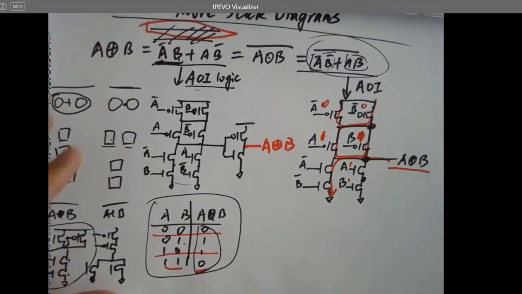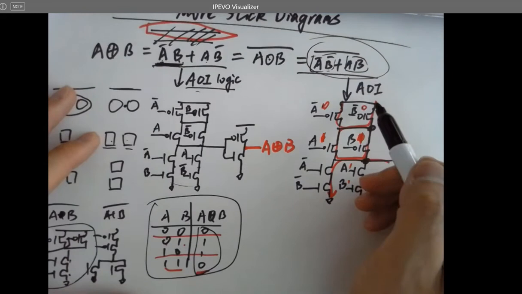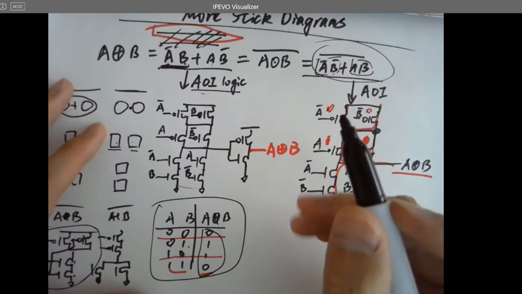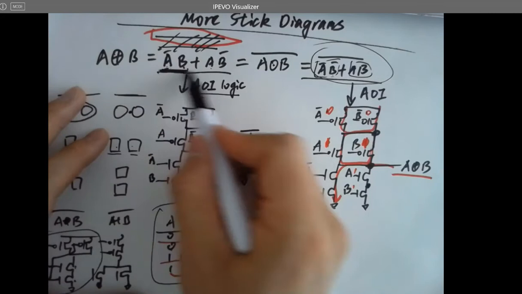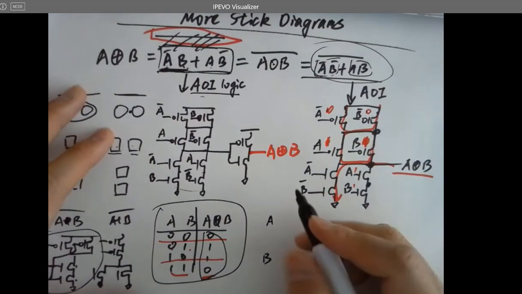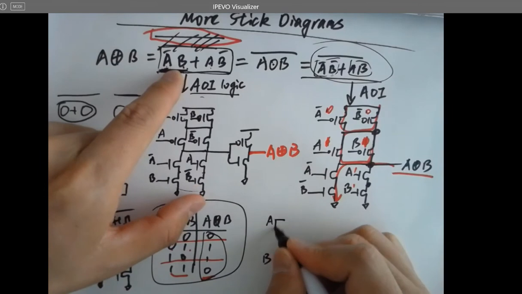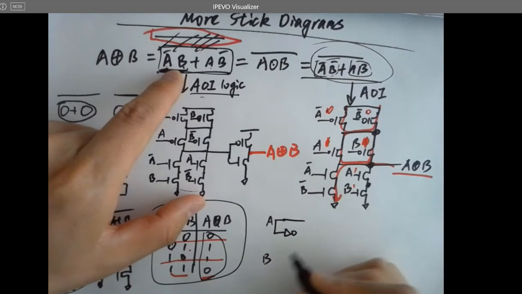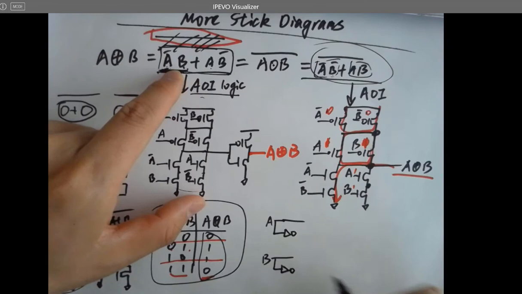So if we do not use AOI logic, if we just use the gate level circuits, just follow this logic. You have A, B, so you want to invert A, and you want to invert B, you got a B naught.